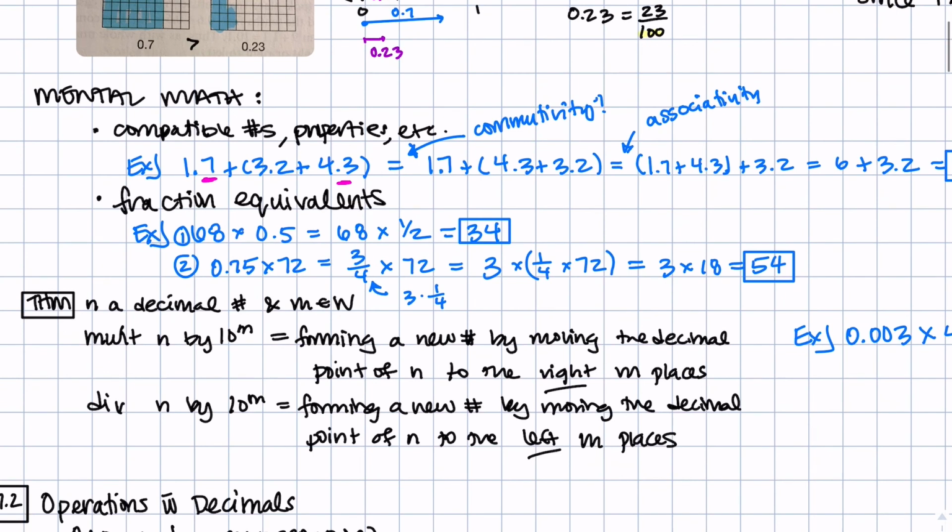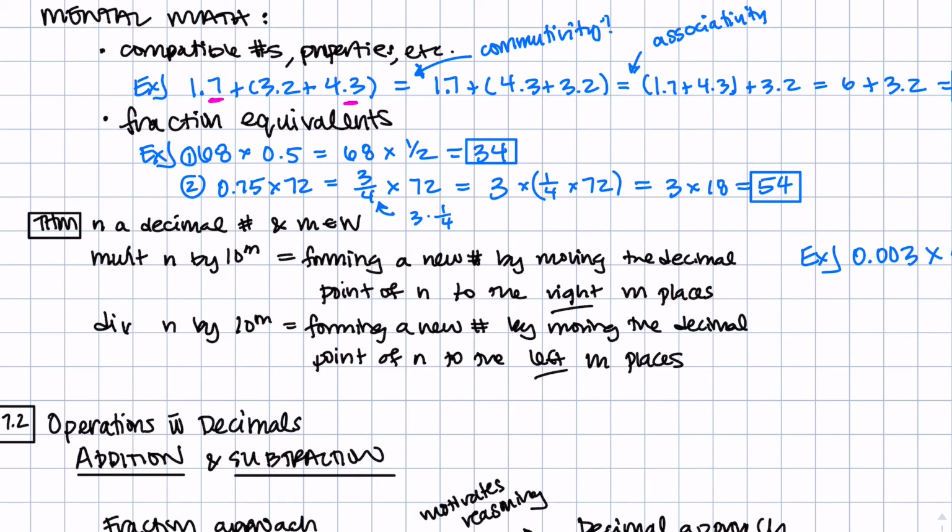Great. So the last piece in this section of 7.1 that I wanted to chat about was this theorem that is very wordy and formal looking, but I'm sure you know and use very often, which is that when I multiply a number, so I'm thinking of any number n, so it could be any decimal, by 10 to the m, so this is some power of 10, I can do this by forming a new number, which is the number n, but moving that decimal point m places to the right.